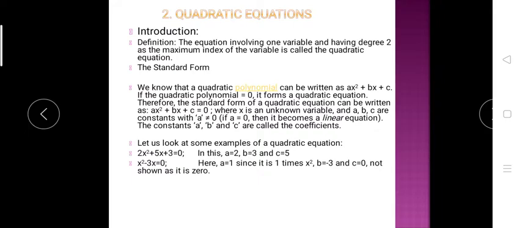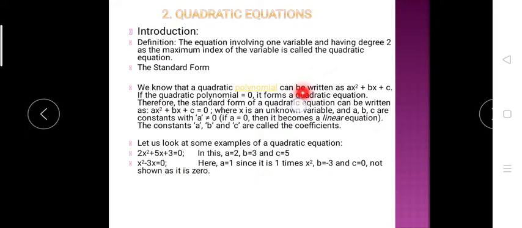The standard form of the quadratic equation is what? Now all of you know the quadratic polynomial, we write ax square. Why am I saying polynomial? Because in 9th standard we learned polynomials, and I am just revising here.